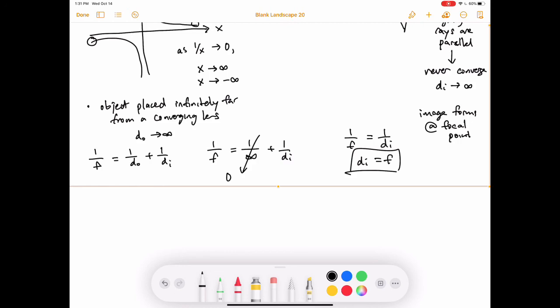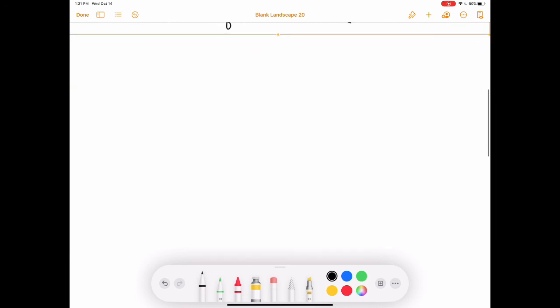And to make sense of this, we can again draw a ray diagram. Now, it's hard to actually draw the object infinitely far away, so I'll just draw it very far away from the focal point. So here's the optical axis. Here's our lens.